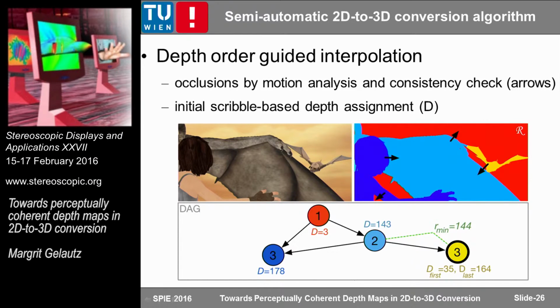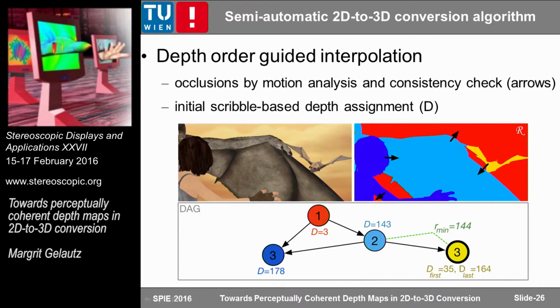Furthermore, from the first frame, and in some cases also from the last frame, we have depth information. In some cases the depth is fixed when the object wasn't found to move in depth. In other cases, like for the yellow dragon here, there is a depth range that was derived from the user scribbles in the first and in the last frame.